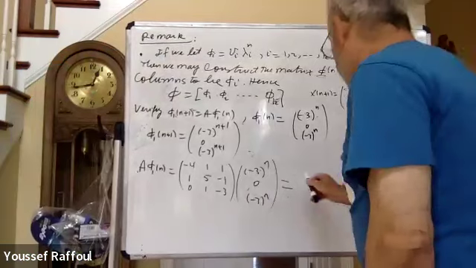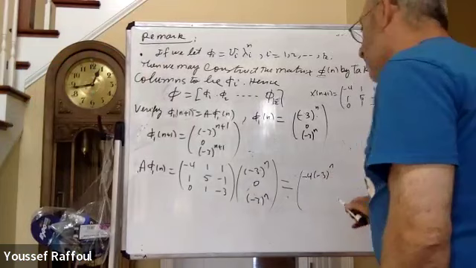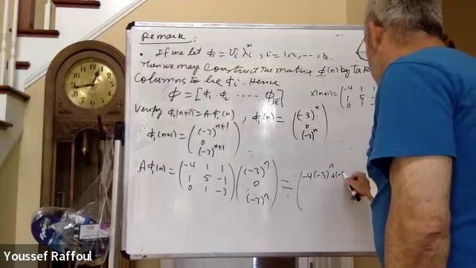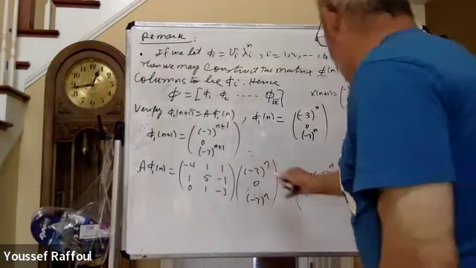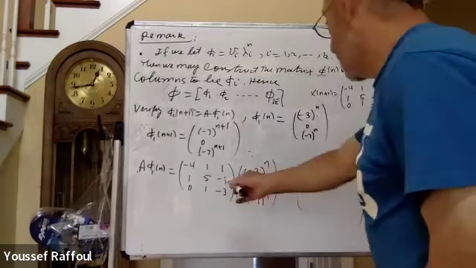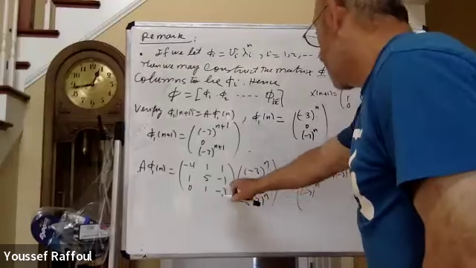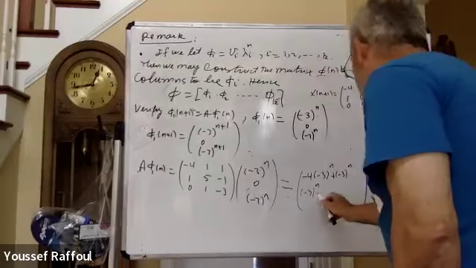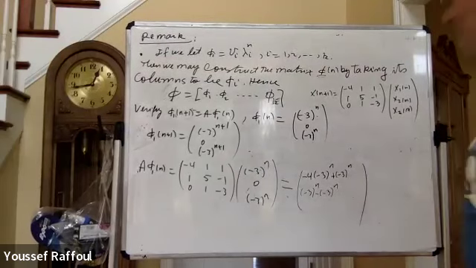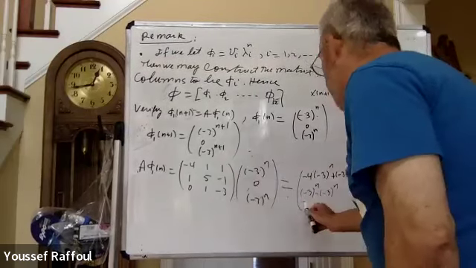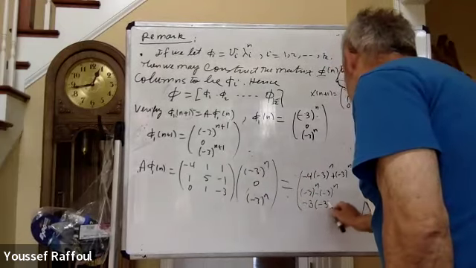That is -4 times -3 to the n plus -3 to the n for the first component. Then I have -3 to the n, 0, minus -3 to the n. And then I have 0, 0, -3 times -3 to the n.